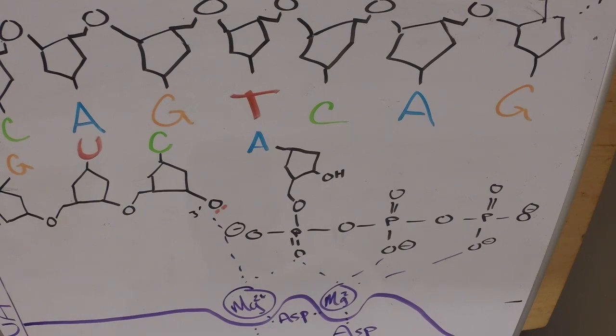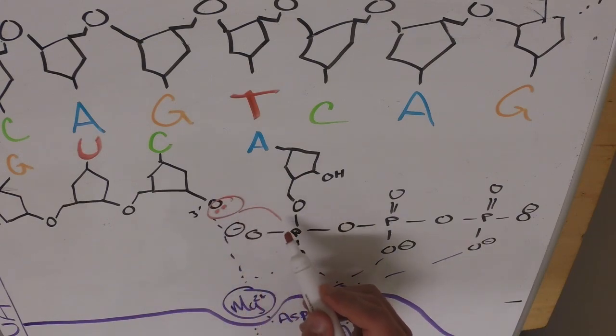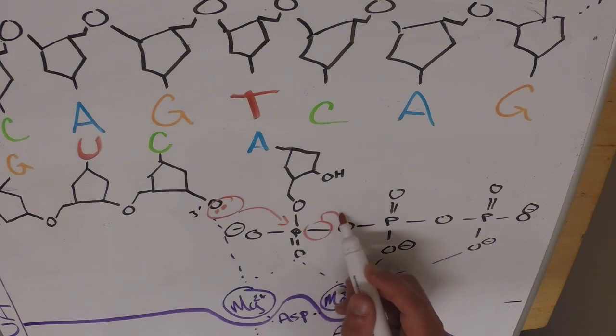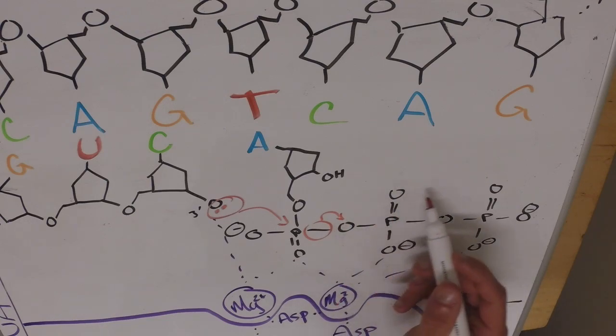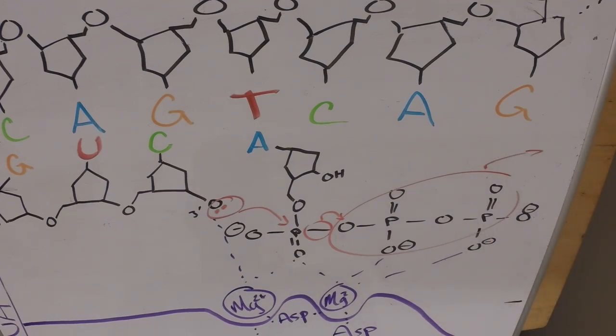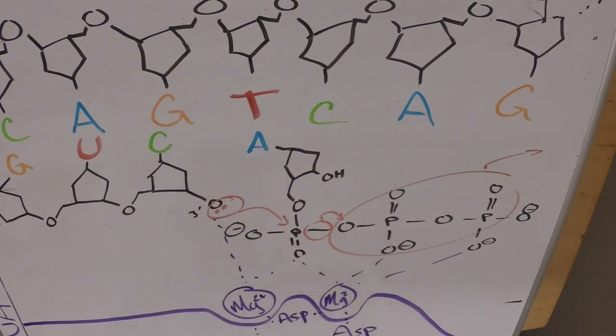Alright, and so what happens is these two electrons attack this phosphate, and then this bond right here moves over onto this oxygen. And so we have an inorganic phosphate leaving the system, and this new nucleotide being added to the RNA.